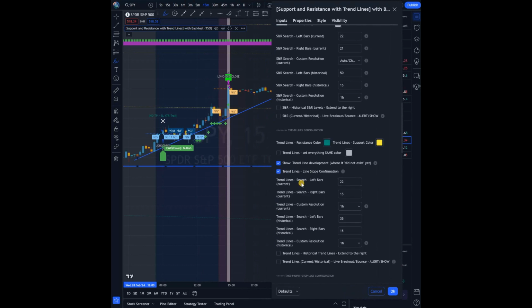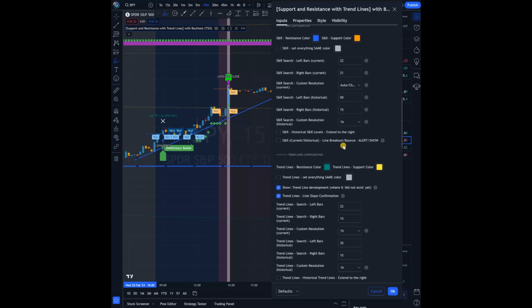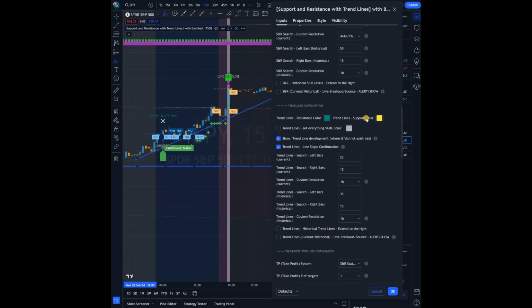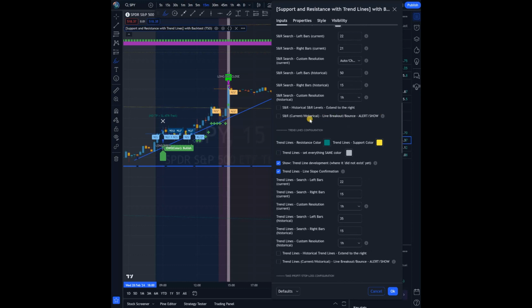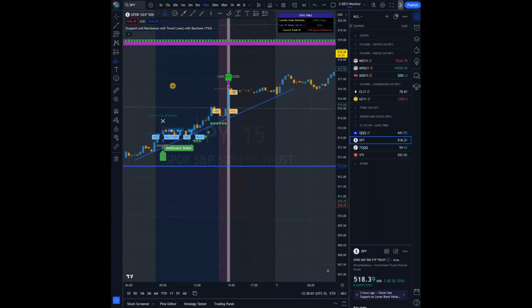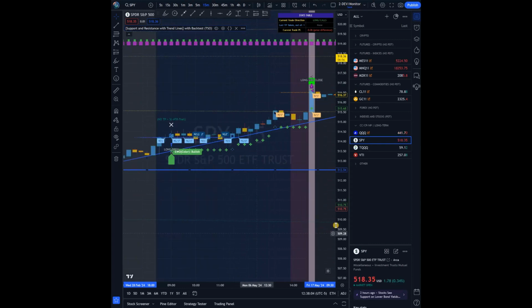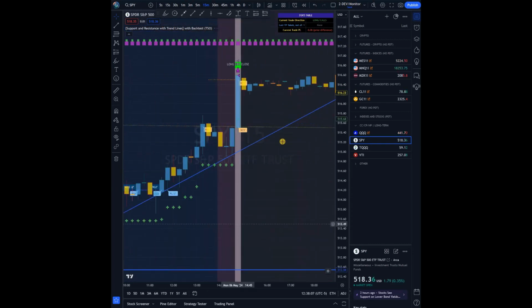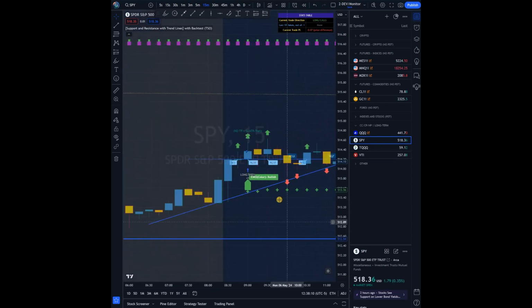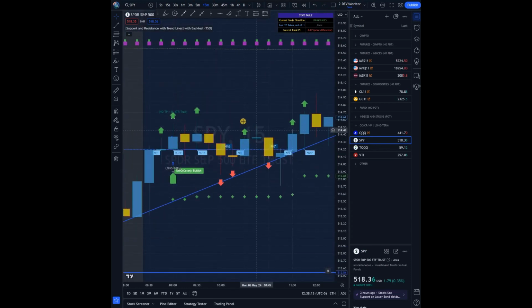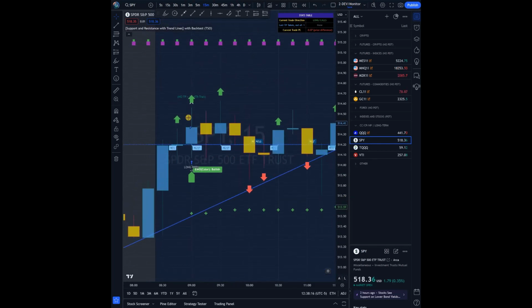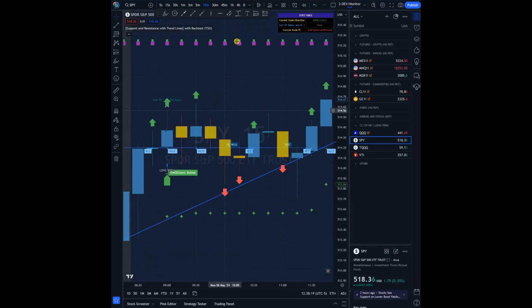You can switch it off right here. Now, that repaint warning, this is what causes it. Both trend lines and support and resistance have the live breakout bounce alert show. If we turn this on, we're going to see additional arrows. For example, now you see these green and red arrows. What they mean is they will immediately appear during a live breakout or bounce.